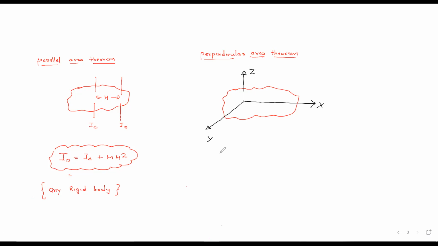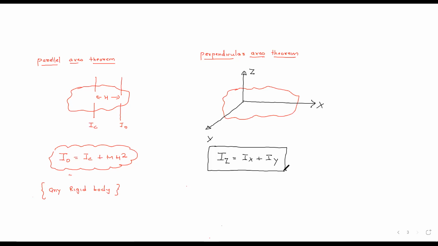So moment of inertia about Z-axis, which is perpendicular to the plane, is sum of two moment of inertias of the axes lying in the plane, and all are passing through the same intersection point, where the perpendicular axis is cutting the lamina.